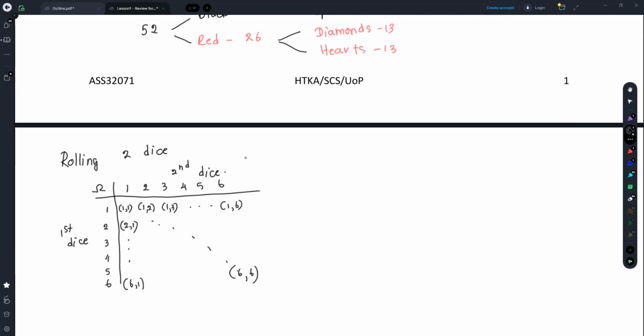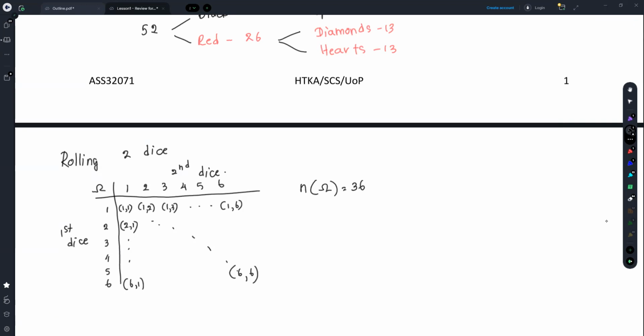So how many elements are there in the sample space? There are 36, yes. Ms. Sarushi, there are 36 elements in the sample space.